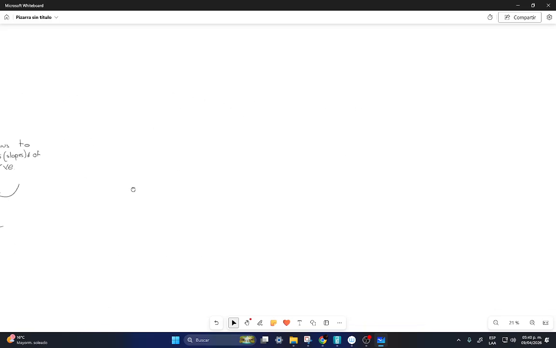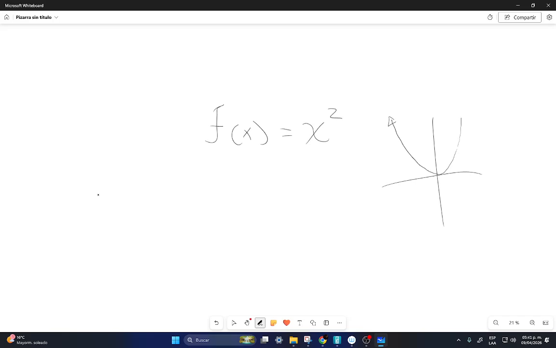So let's start with a super simple example, which is the function x squared. It's supposed to look like a parabola with the vertex at the origin of the coordinate plane that opens upwards, and it goes on infinitely. How do we calculate the derivative of this function?